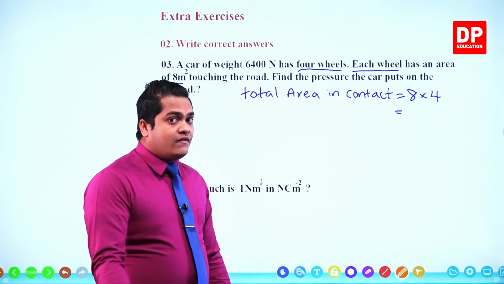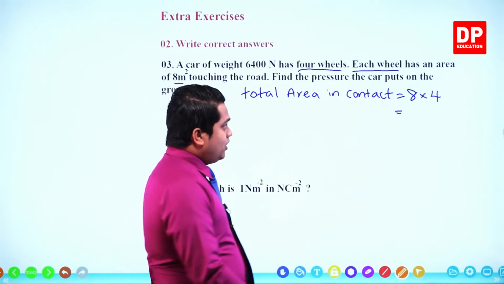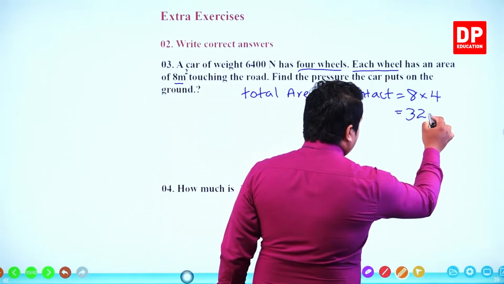Then all 4 wheels have 8 times 4, 32 square meters.